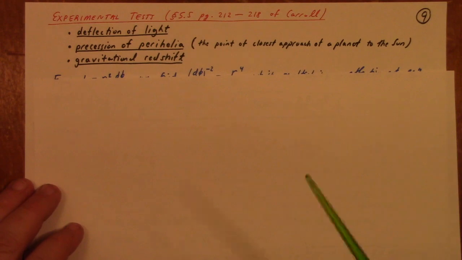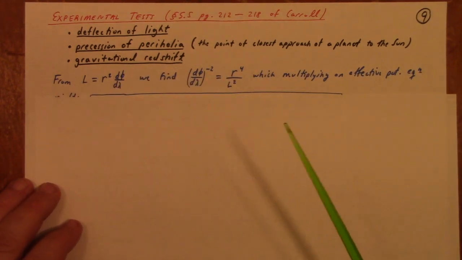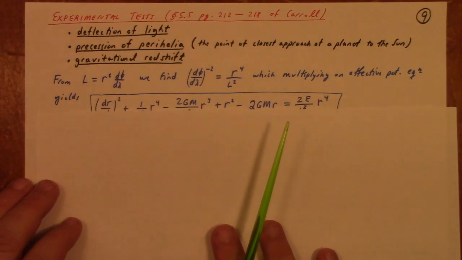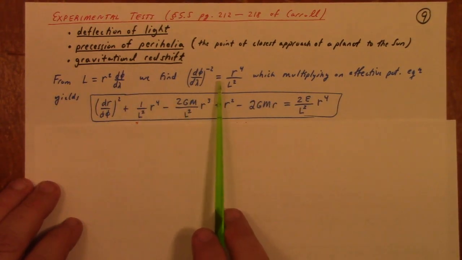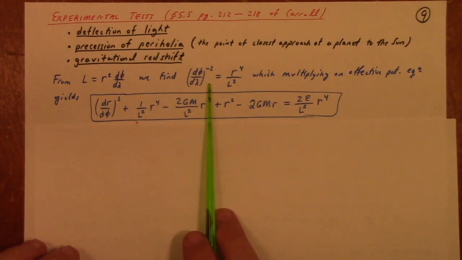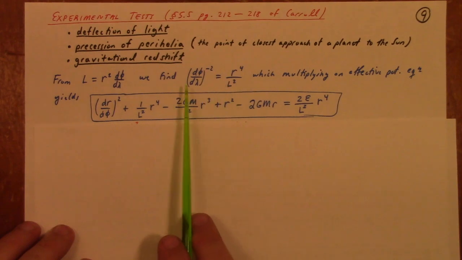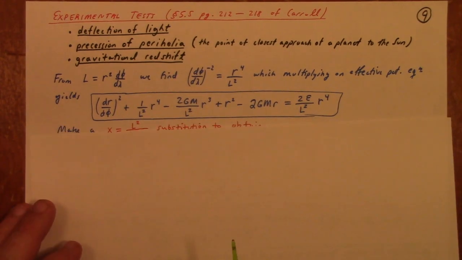So let me just walk you through some of the calculations because I think they're interesting. I won't really do them. I'll just kind of show and tell them to you here. So the angular momentum was this, and so you can solve for that and square it. And then if you multiply the effective potential equation by this, you get to this.